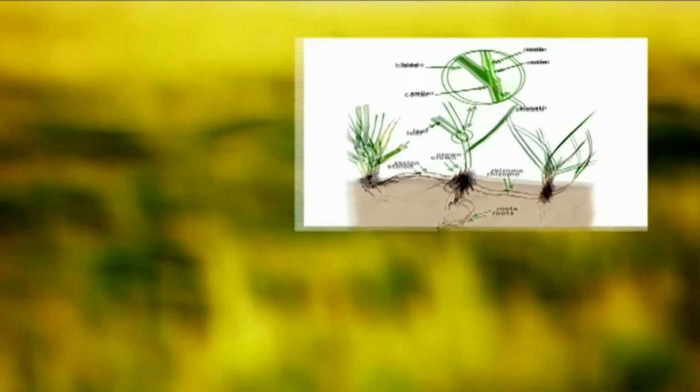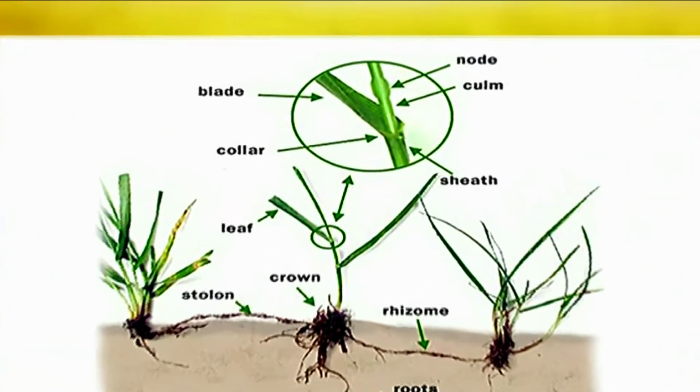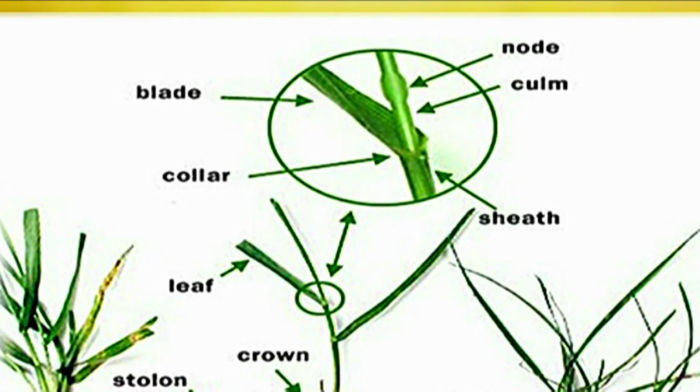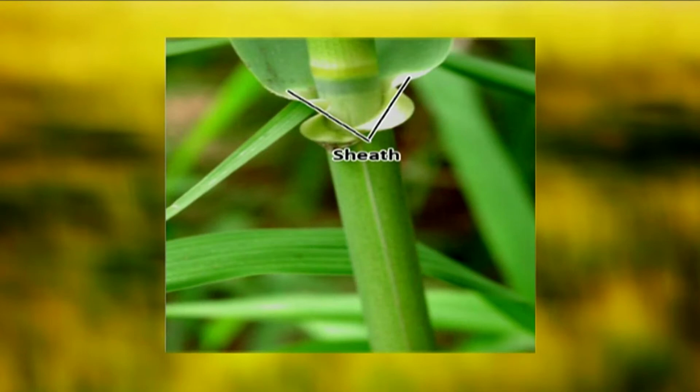Now the leaves. Leaves are mostly alternate, but sometimes they can be spiral also. Commonly extubulate, two-ranked, and they consist of a sheath, ligule, and blade. The sheaths tightly encircle the stem internodes and their margins are overlapping but never fused.